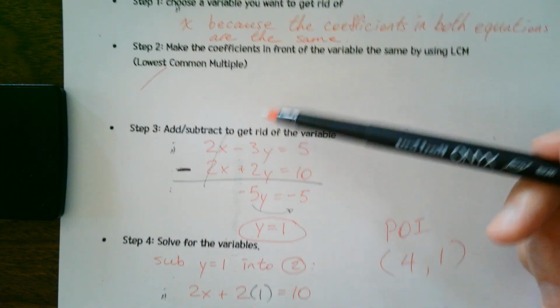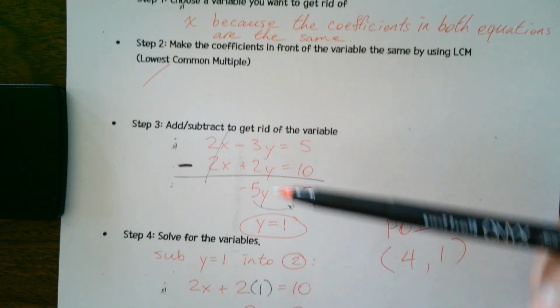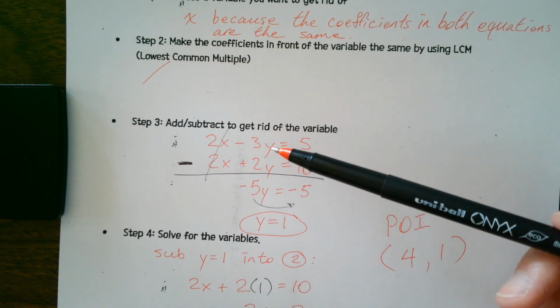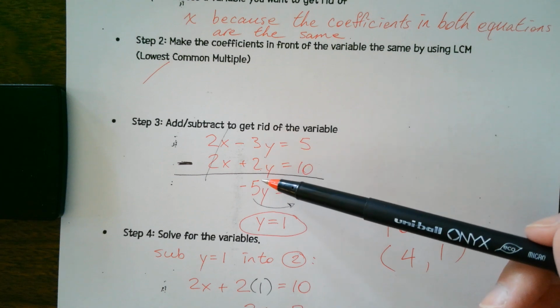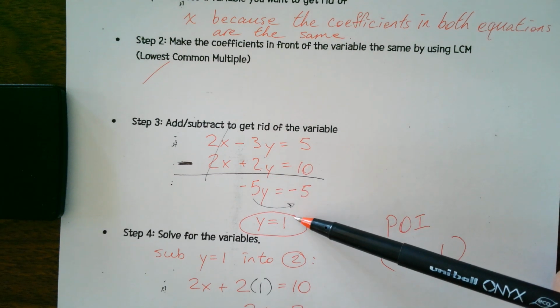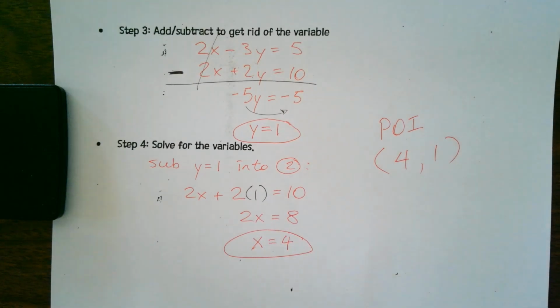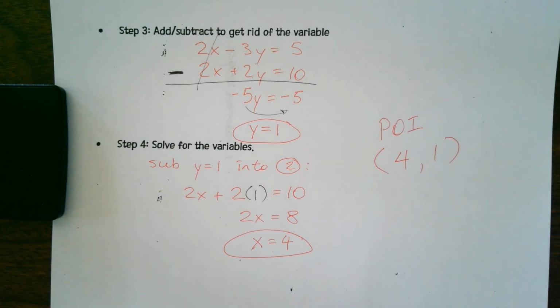If I use the elimination method to eliminate the y's, then in this step I'm going to solve for x. And then at the end, either way, you would just substitute that value into either equation.